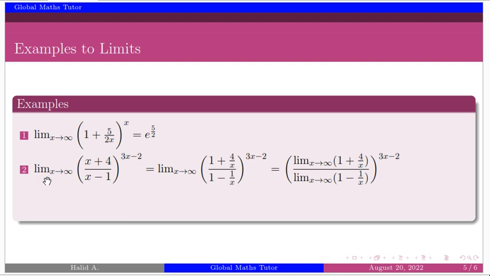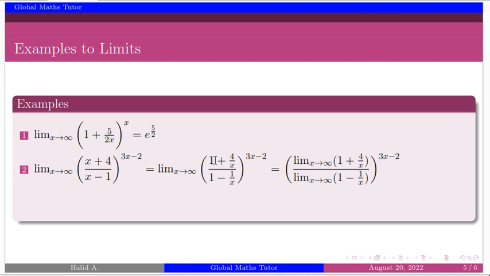Let's see example 2. Example 2 is (x plus 4 over x minus 1) to the power of 3x minus 2. So let's divide the numerator by x and also the denominator by x. The numerator divided by x will give 1 plus 4 over x, and dividing the denominator by x will give 1 minus 1 over x, the whole power of 3x minus 2.